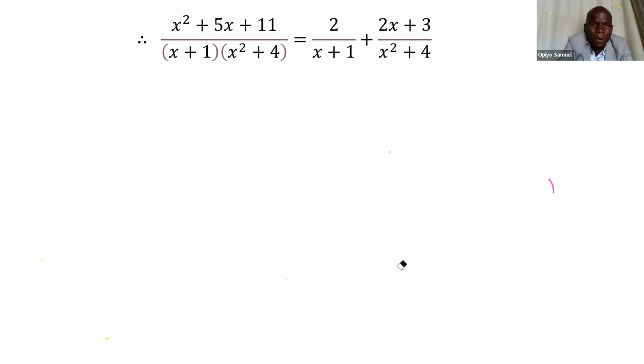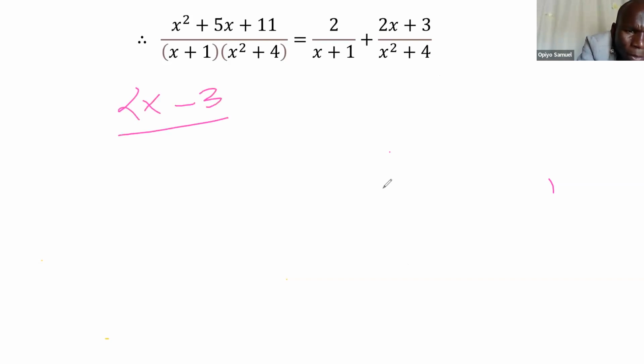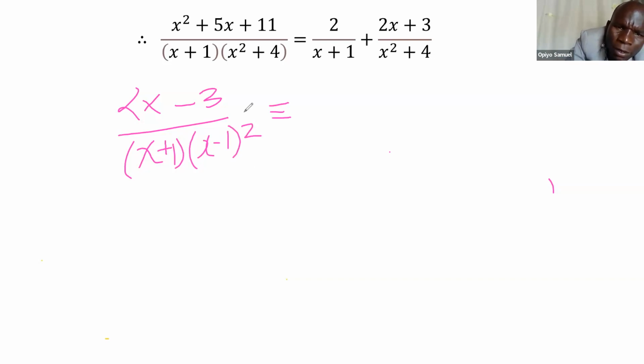Okay, maybe before I proceed any further, remember I told you we have different types. If you have, for example, repeated factors, let's say we have 2x minus 3 out of x plus 1, x minus 1 squared. Then this is where we are talking about the repeated factor. x minus 1 is repeated.